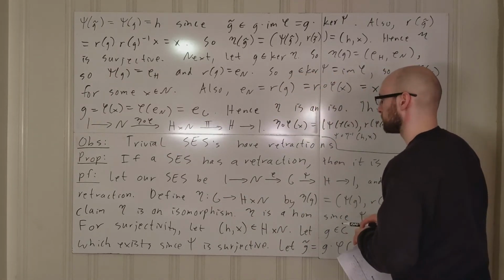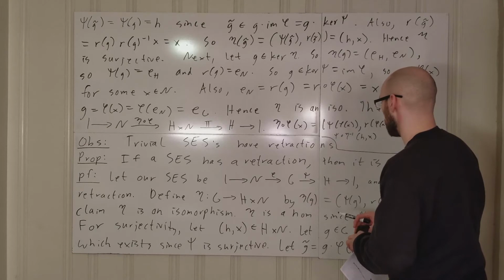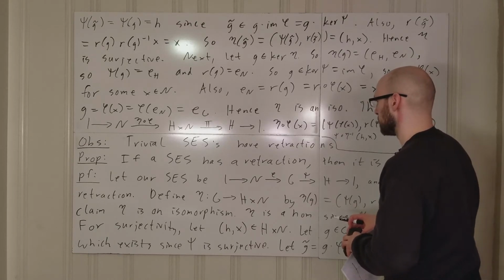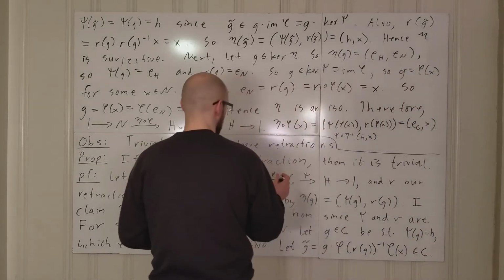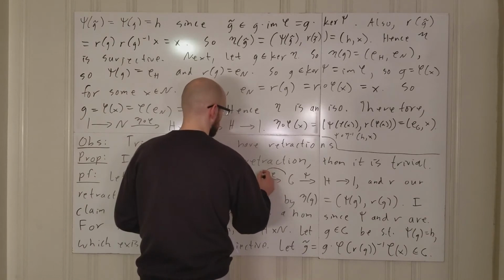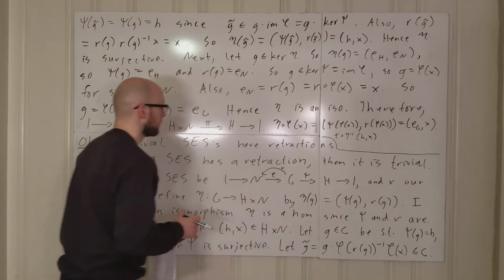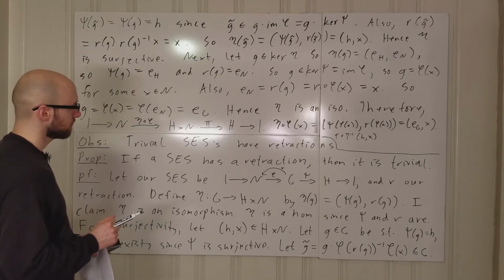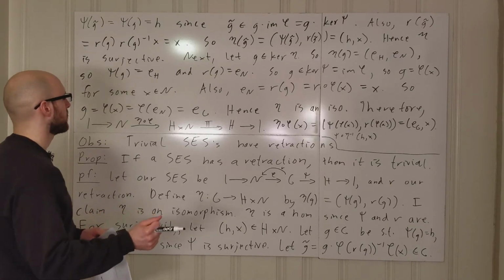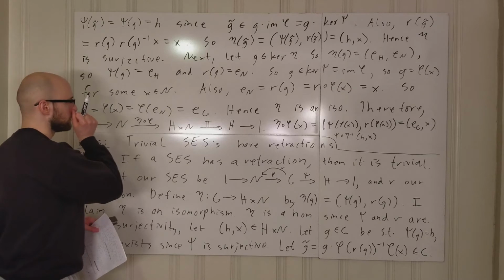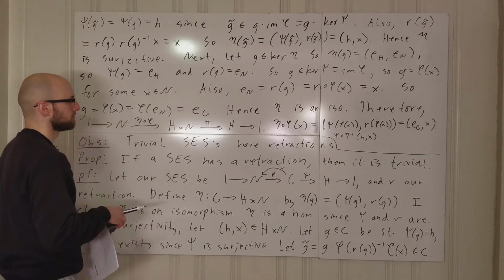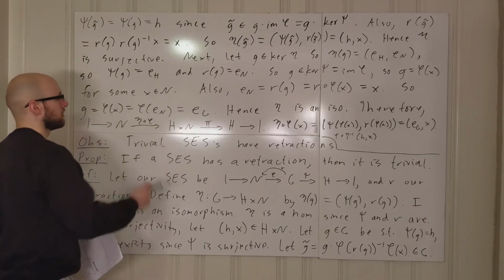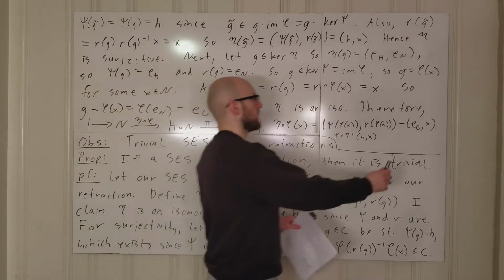The retraction R there is, let's see here, we have a retraction going from G backwards through N by R. And so what we're going to do is take our element of H. Yeah, okay, so the backwards map is just projecting the element x.